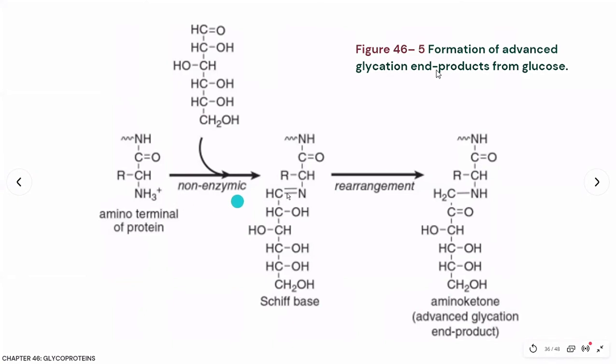And so you have that linkage, a C=N linkage. Then by Amadori rearrangement, you form an amino ketone, the advanced glycation end product.